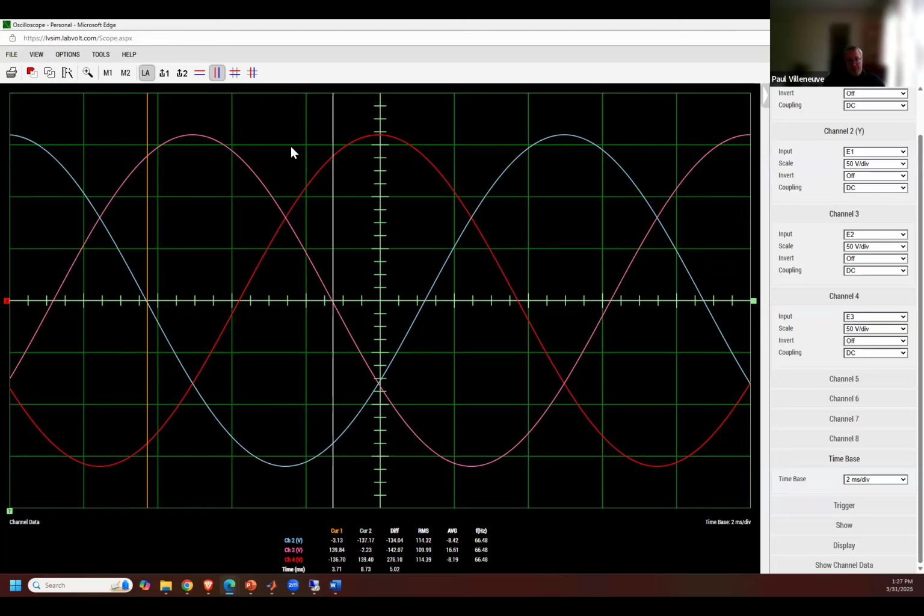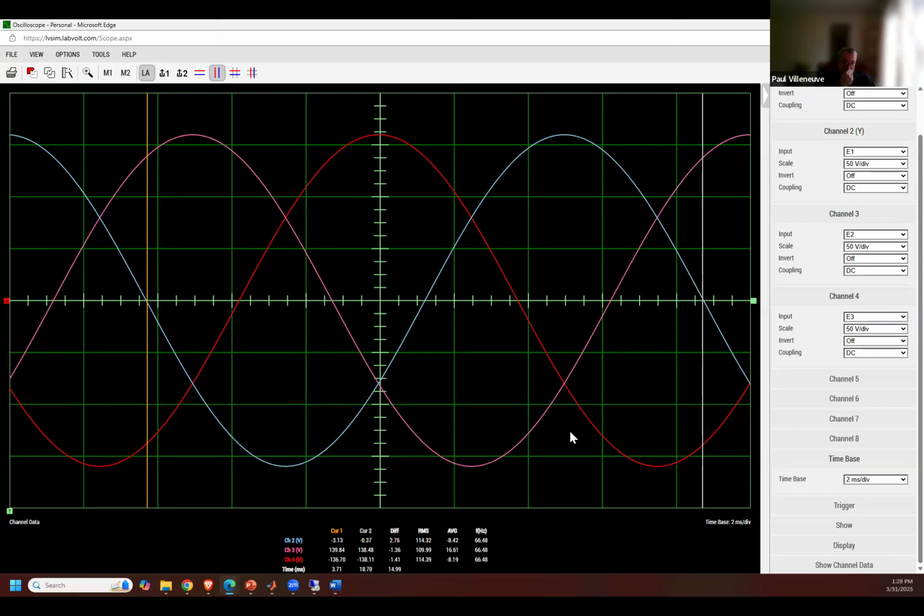How can you tell what the frequency is on this? The time. Yeah, it tells you right here, right? It says 66.48. But the other thing you can do is, I crossed zero going from up to down, so if I wanted to do that calculation by hand, I can calculate the time.